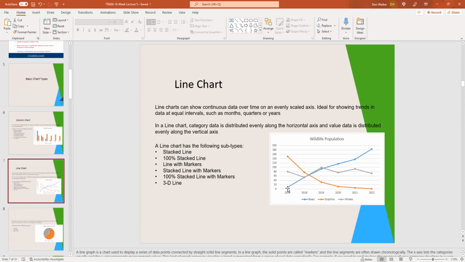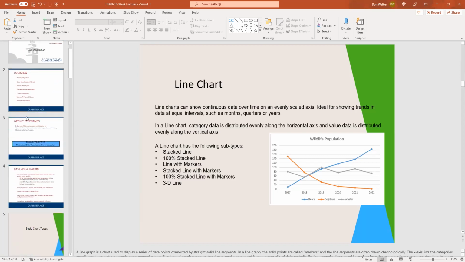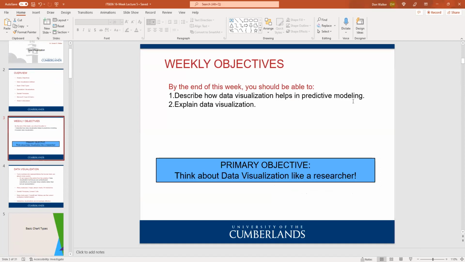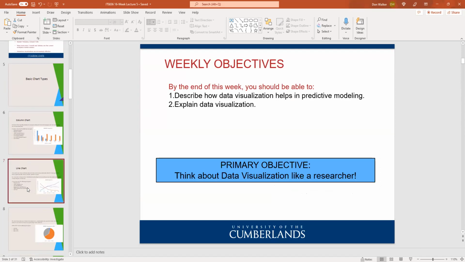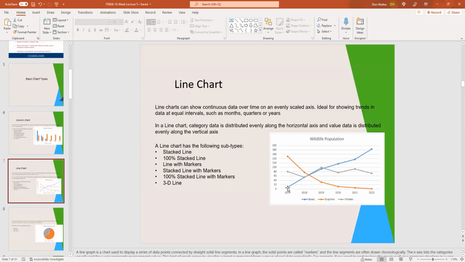So one of our objectives was how data visualization helps in predictive modeling. So we go back to the line chart, and if you look at the light blue line for bears, we've got data from the last 6 years, including up to and including this year. What would you predict?